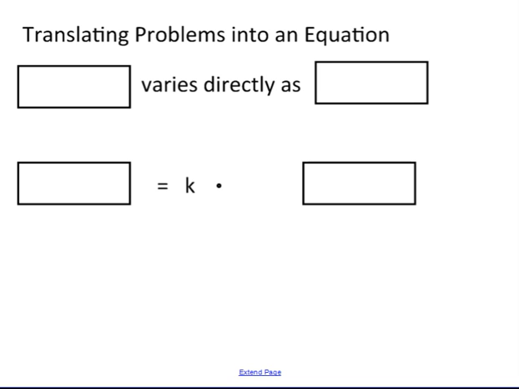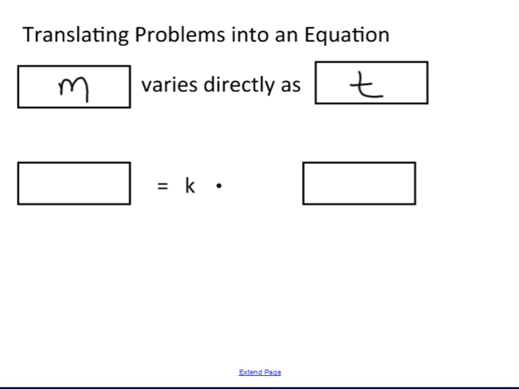I'm going to be giving you some problems in the homework, and you're going to have to translate them into a math equation. So here's what that would look like. I would give you a sentence something like m, and it doesn't matter what that variable is, it varies directly as, let's say, t.